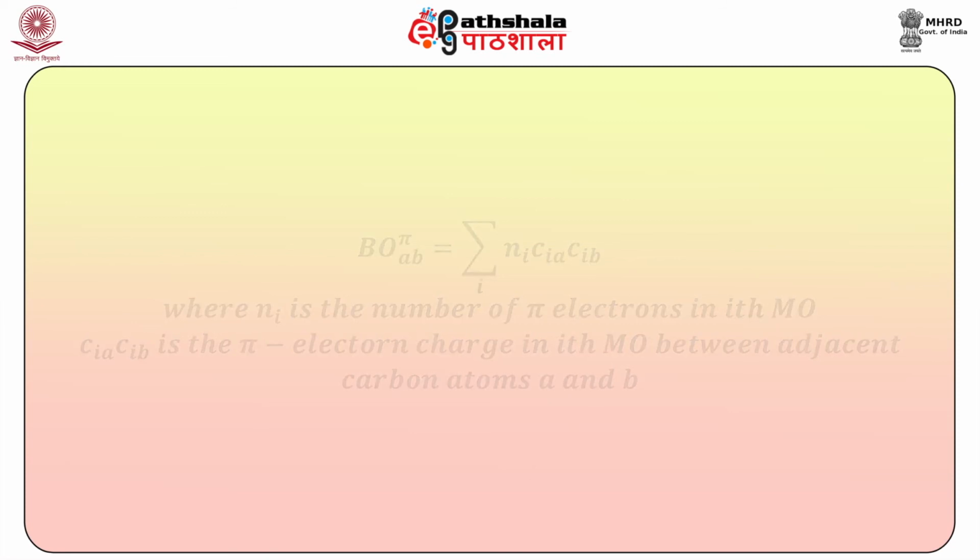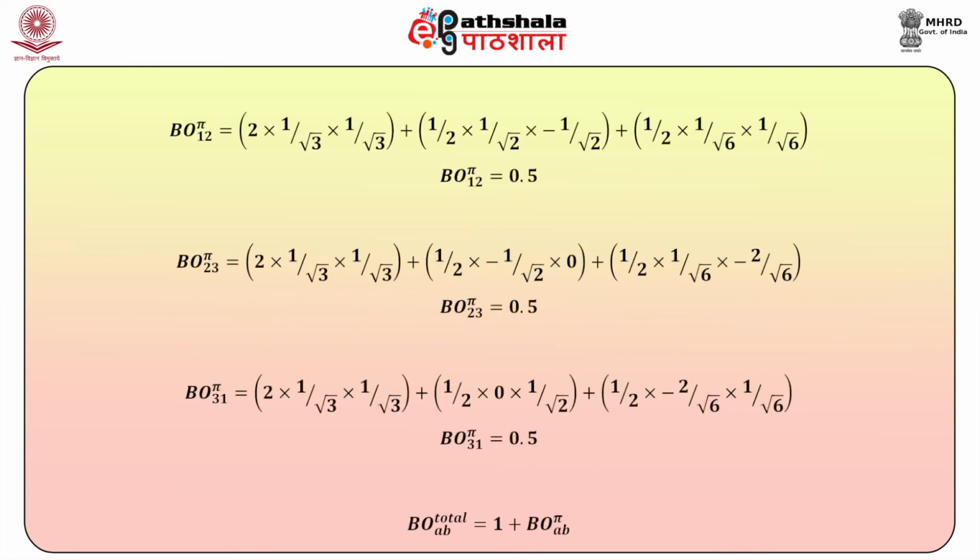So in the case of cyclopropenyl radical, if we calculate the pi bond order between carbon atoms 1 and 2, as you can see here, its value comes out to be 0.5. And similarly, if we calculate the pi bond order between atoms 2 and 3 as well as between atoms 1 and 3, again it comes out to be 0.5.